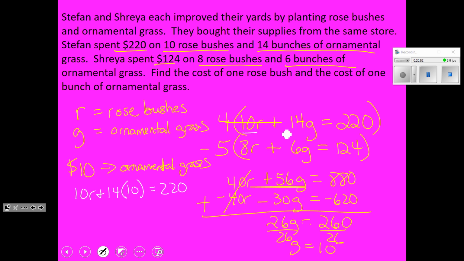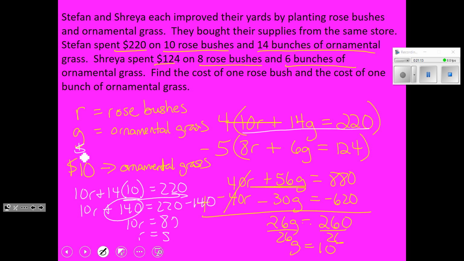I'm using the original door number 1. So 10R plus 140 equals 220. Subtract 140 from both sides. So 10R equals 80. So that makes R 8. And so there's $8 for each rose bush. And again, that does make logical sense to us.